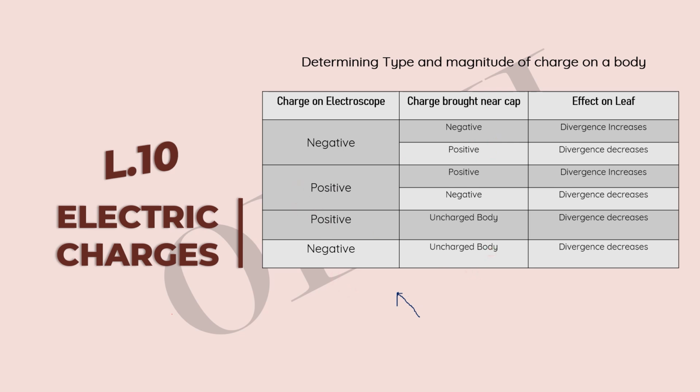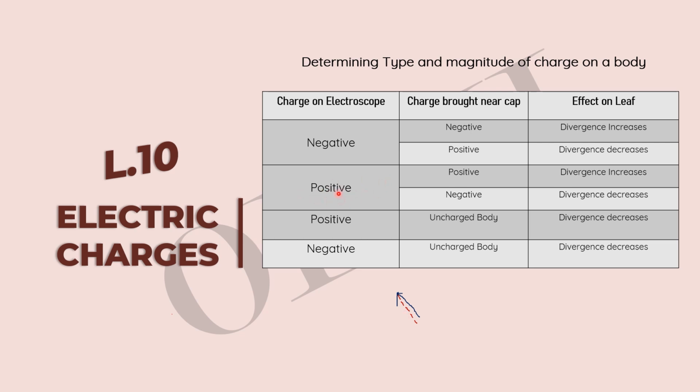makes us know we have a negative charge. Now if it's a positive charge, we're going to have our divergence decrease. It's going to decrease because you have just brought opposite charges, and of course we remember that opposite charges attract, so you're going to have this divergence close.